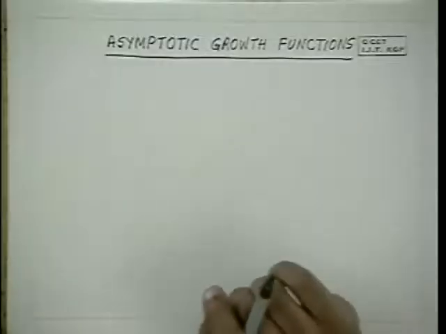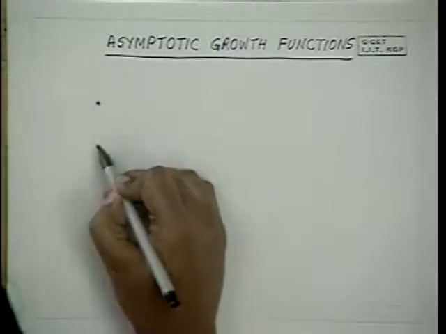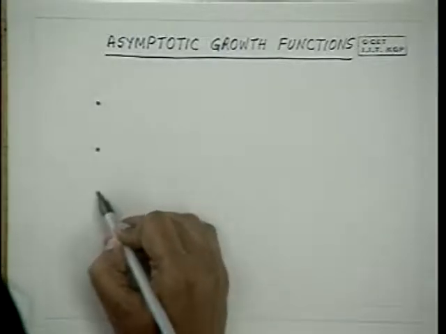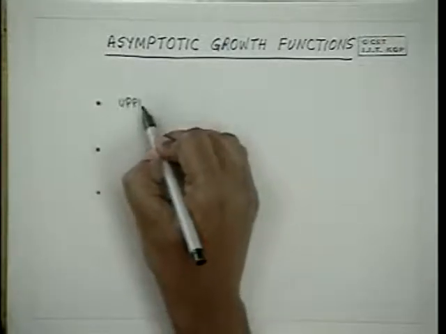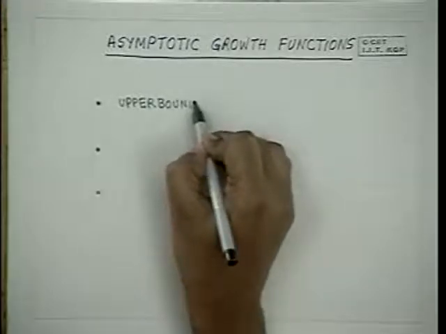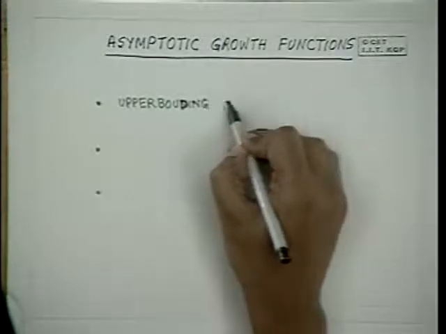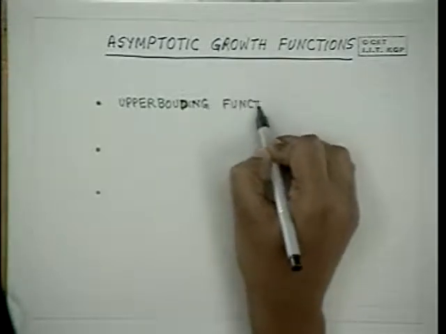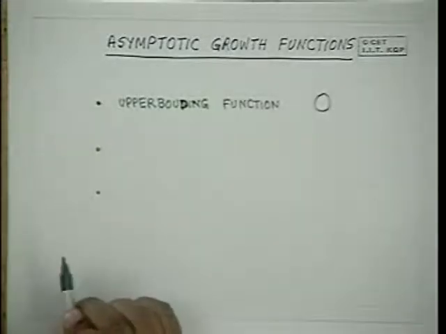So we have what is called the concept of asymptotic growth functions. And here we define three kinds of asymptotic functions. One is called the upper bounding function, which is called the big O notation.